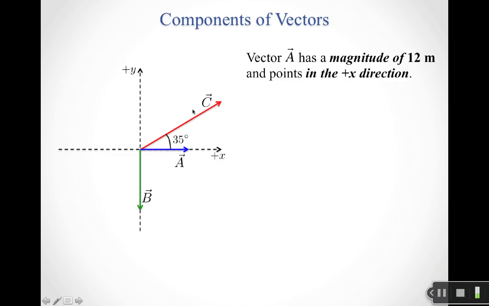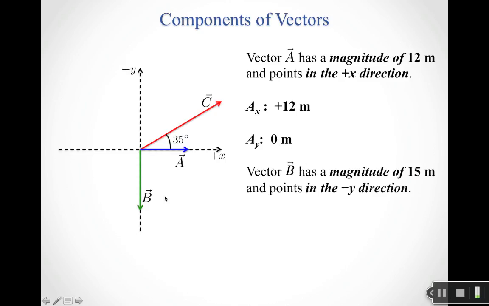That means it doesn't point up or down at all, so its y component has to be 0. Its x component then has to be equal to the whole magnitude of vector A in the right direction. Vector A points in the positive direction, so the x component of vector A is positive 12 meters, and the y component of vector A is 0 meters.